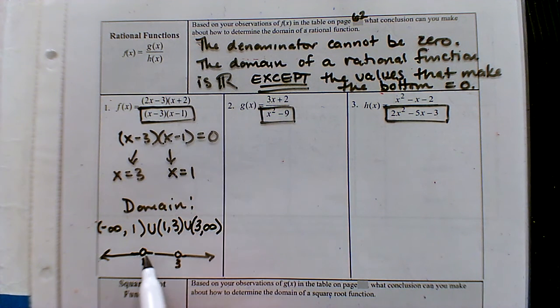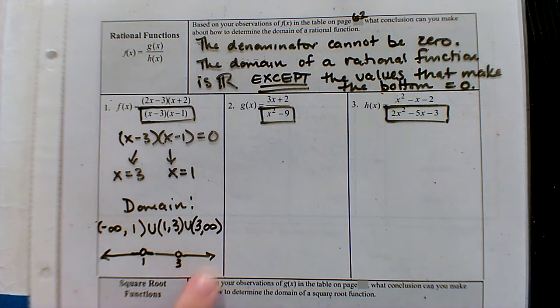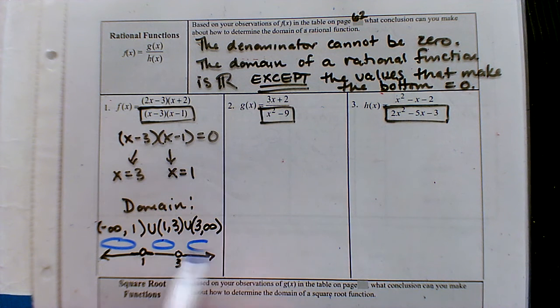So if you take a look at that, notice how we essentially have 3 intervals: the left interval, the middle interval, and then the right one. So we need 3 intervals in terms of our notation.